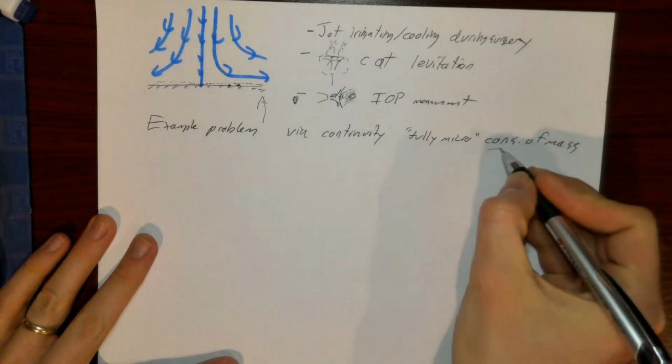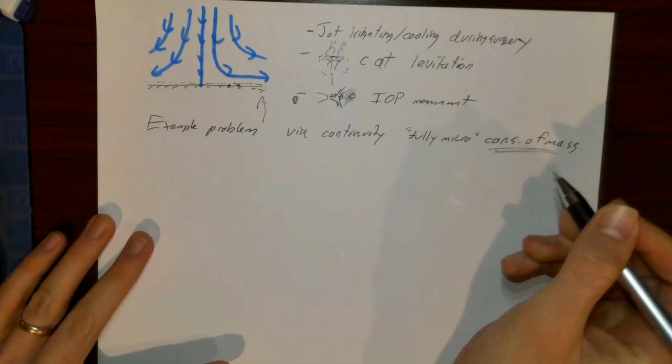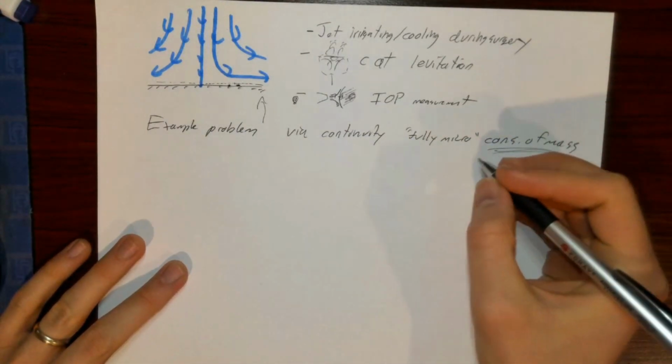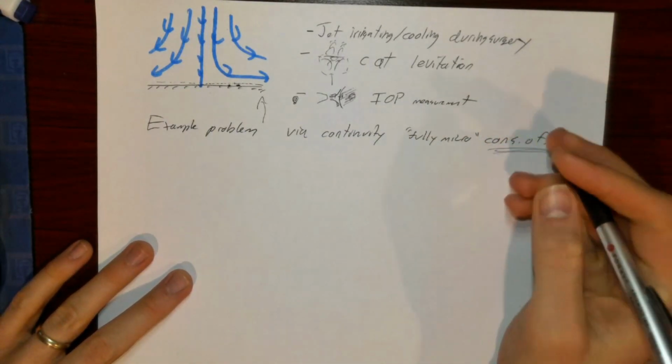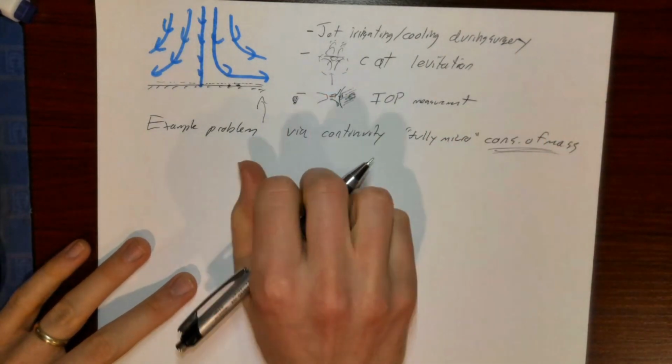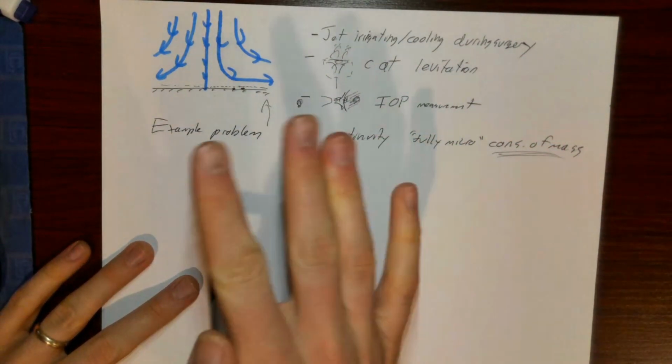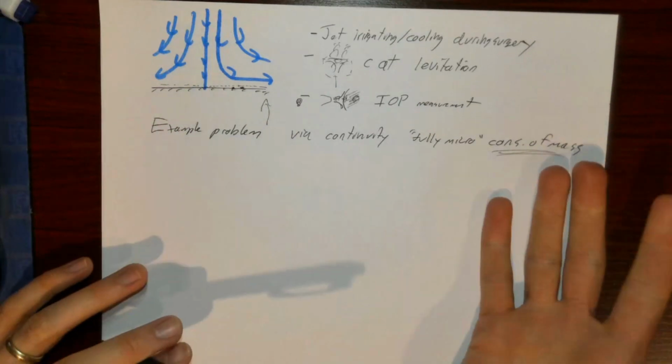So in general, conservation of mass type problems help us get information. If we have information about some velocities in the flow, conservation of mass generally helps us get information about other velocities in the flow.